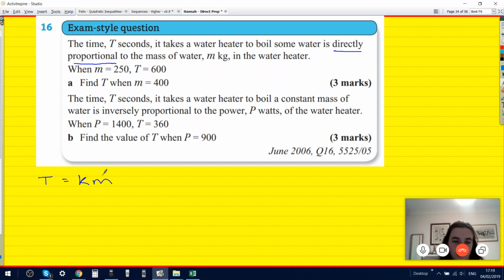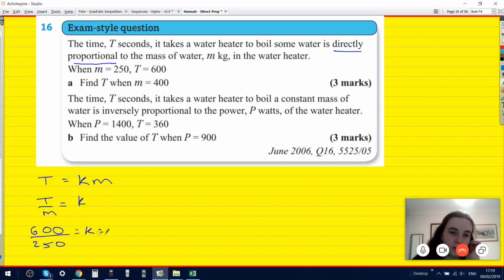Then k equals t over m. So then 600 over 400 is k. Well, what m matches up with? Oh wait, over 250. Yes.